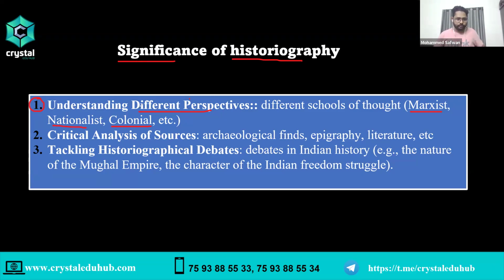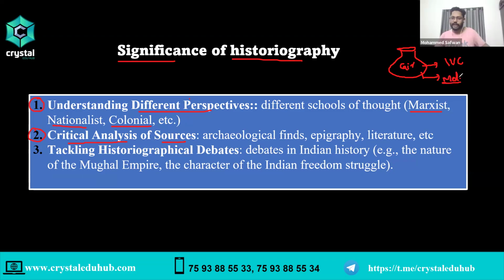Now, the second point is that understanding historiography will help us to have a critical analysis of sources. For example, as I mentioned earlier, I got one particular pot from the Indus Valley region with a picture of a giraffe. I should make sure that this pottery belongs to the period of the Indus Valley civilization, or otherwise it might be from medieval times.